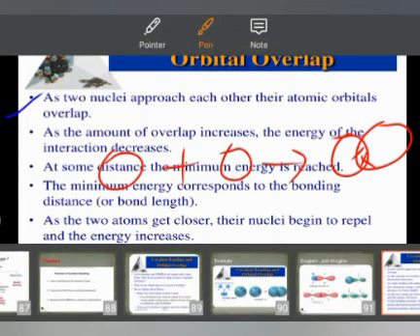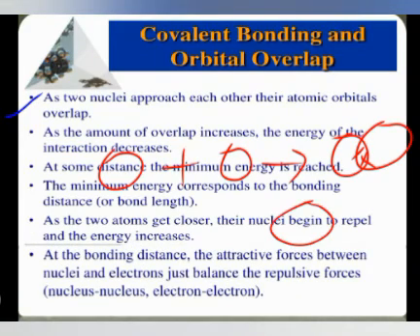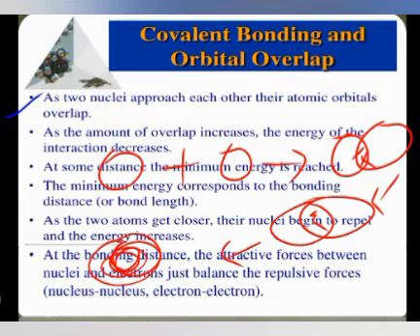Why does this overlapping not continue, why is it not increased, so that later on they overlap totally with each other? Why are two atoms not completely overlapped?